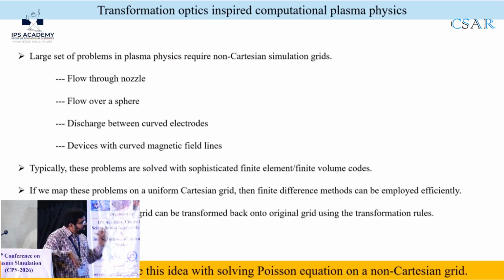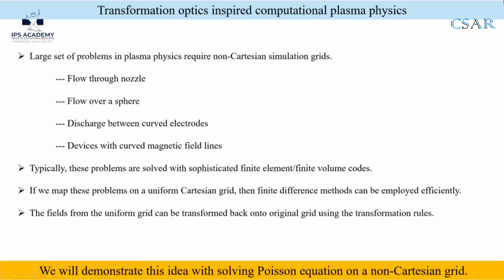There are many problems in physics in general, and in plasma physics specifically, where you need a non-Cartesian, non-orthogonal grid. For example, flow through a nozzle, flow over a sphere, a discharge where the electrodes are curved, or devices where the magnetic field lines are curved.